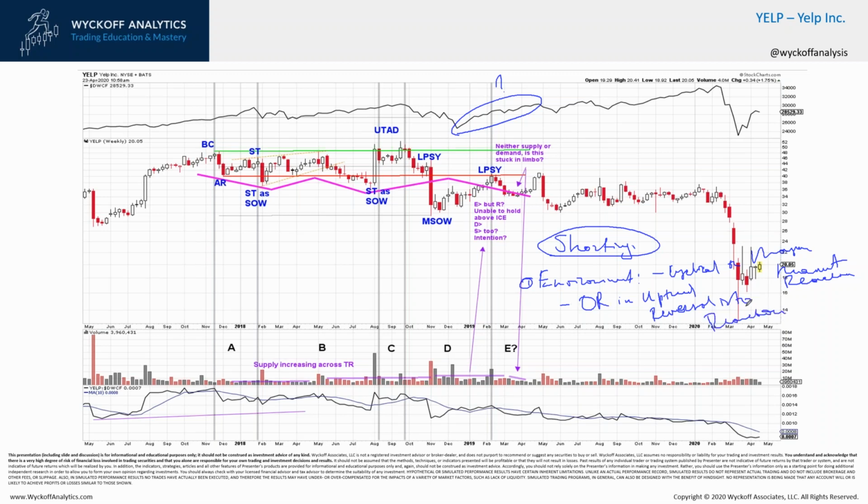So that's the environment that we want to be in. Either a cyclical or major reaction, or if we are in the uptrend currently, then we are looking for some signs of reversals and deterioration in that environment.